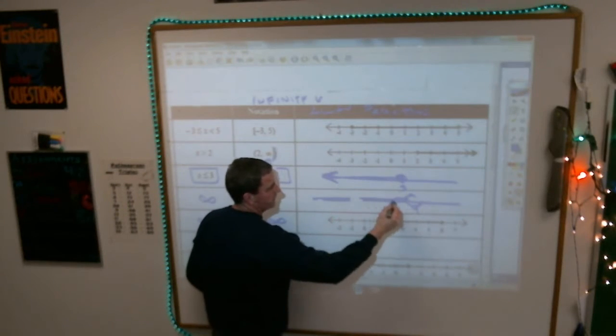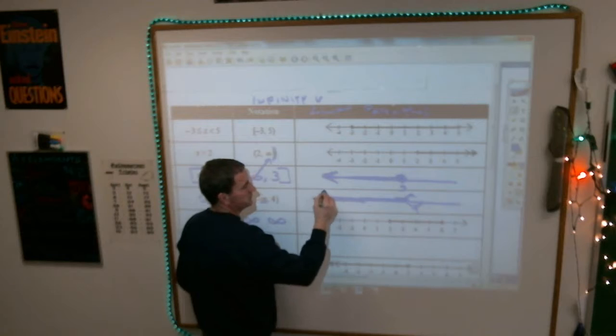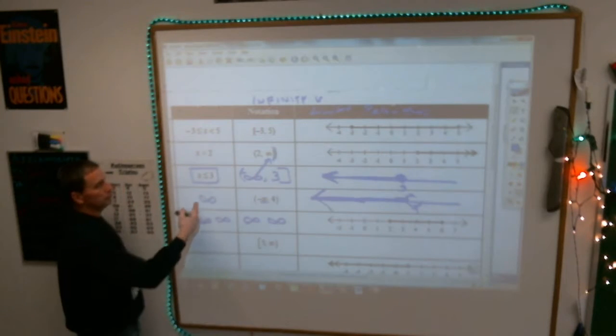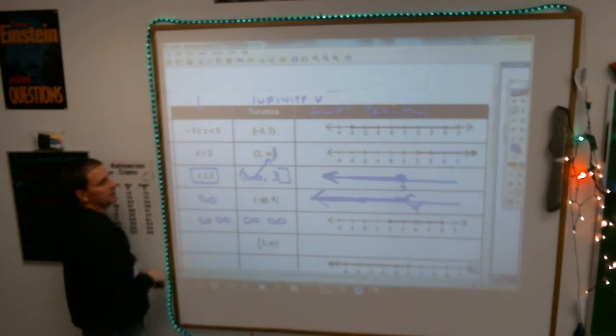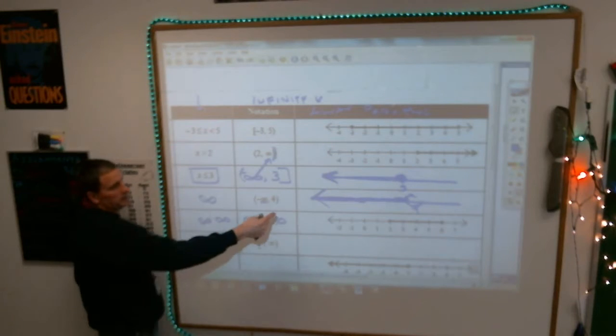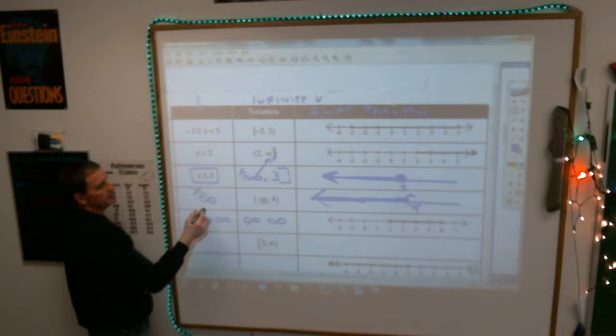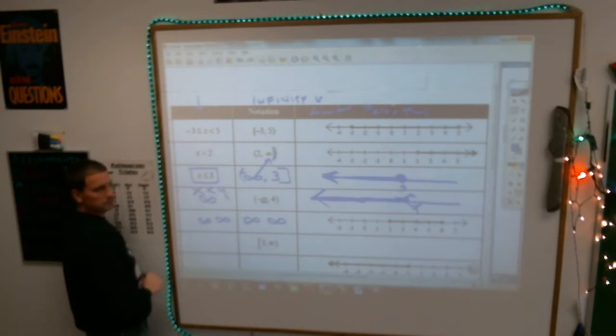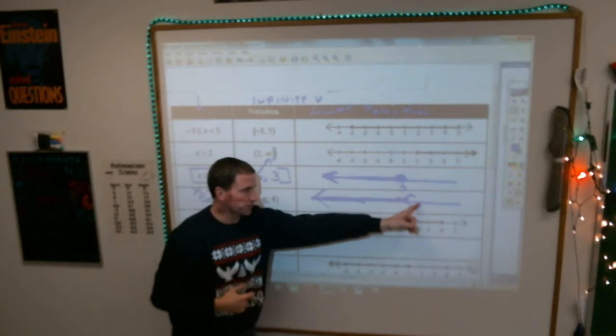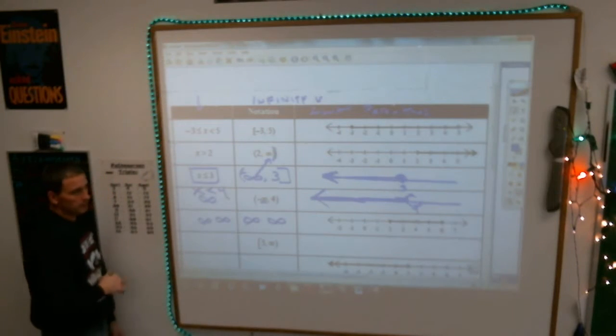It goes to negative infinity. And if you were making this as an inequality, what would it look like? Look at this graph here. X is what? Less than 4. Correct? Doesn't equal 4, starts at 4, it's everything smaller than 4.